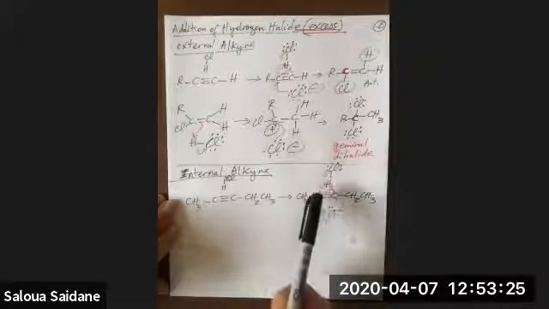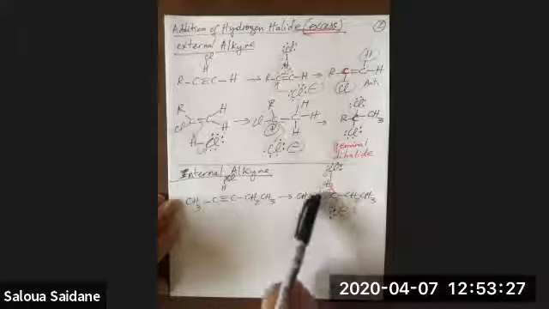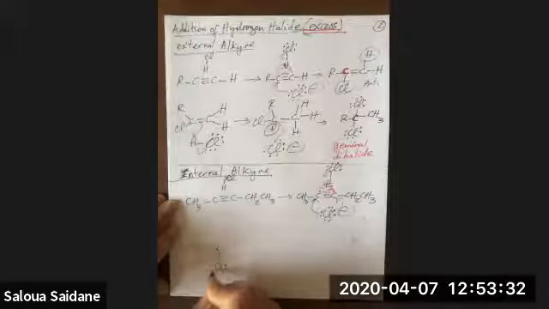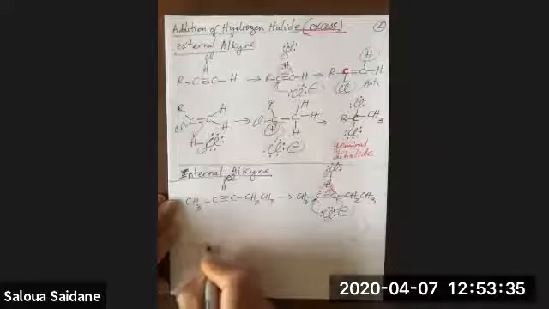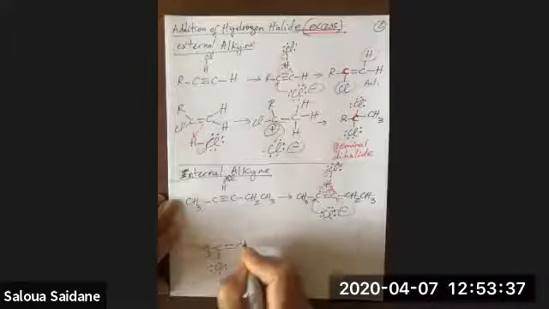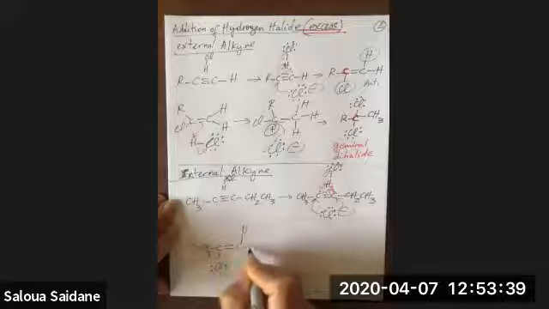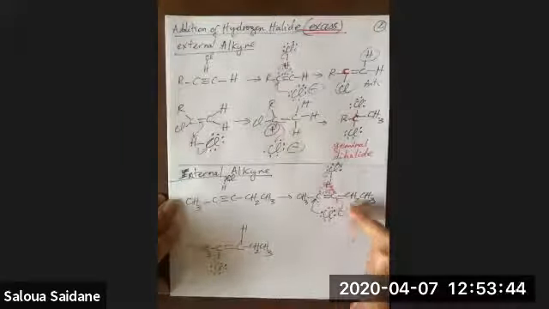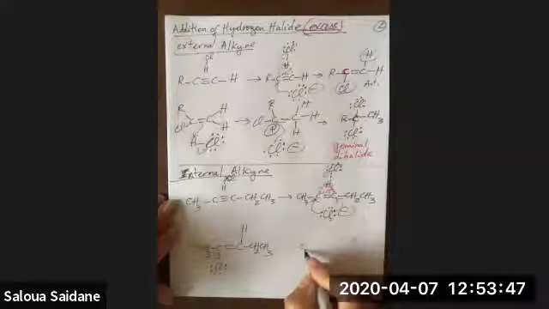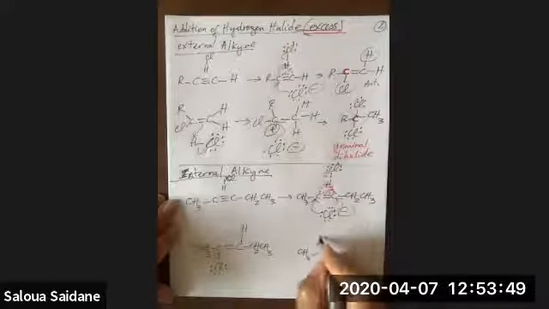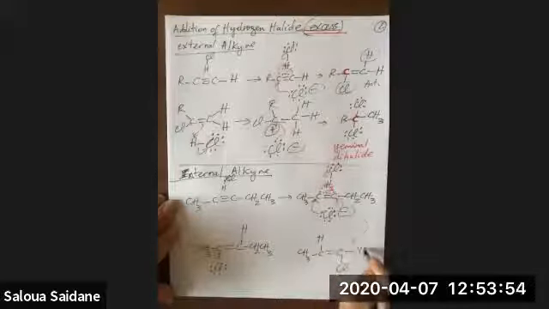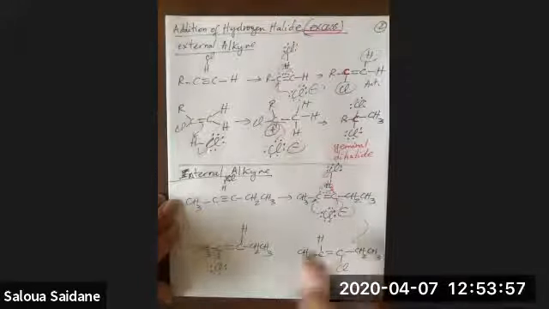So if the chloride adds to the left, you end up with C, Cl, CH3, double bond, C, H, CH2, CH3. If it adds to the right, which is the pink arrow, we're going to end up with CH3, CH, C, Cl, CH2, CH3. So if it's not an excess, that's what you get.